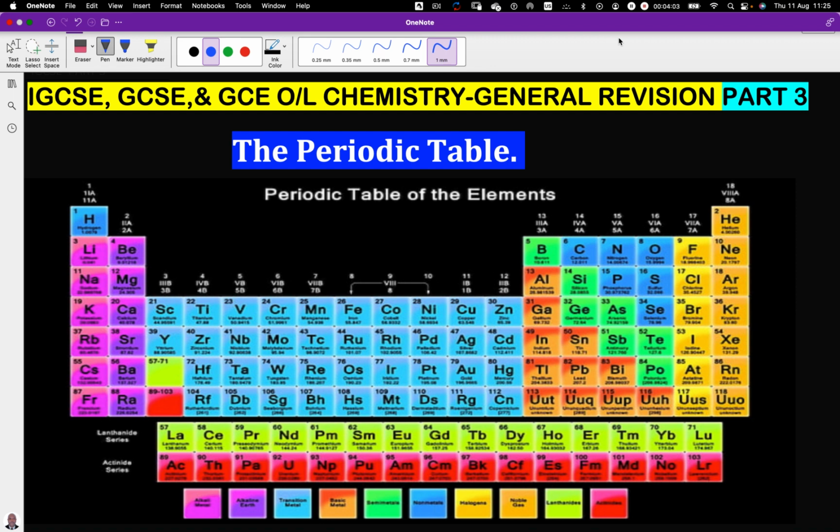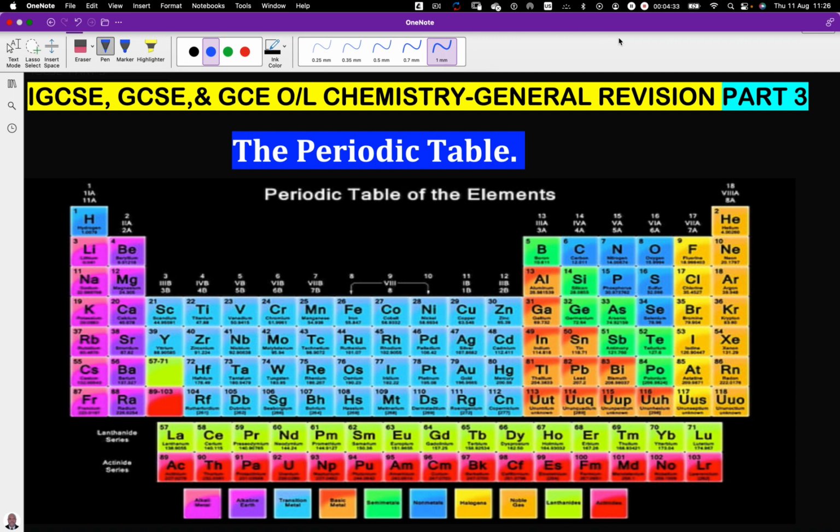The modern periodic table will call them group 1, group 2, then group 11, group 12, group 13, group 14, group 15, group 16, group 17, and group 18. We will be using these interchangeably.